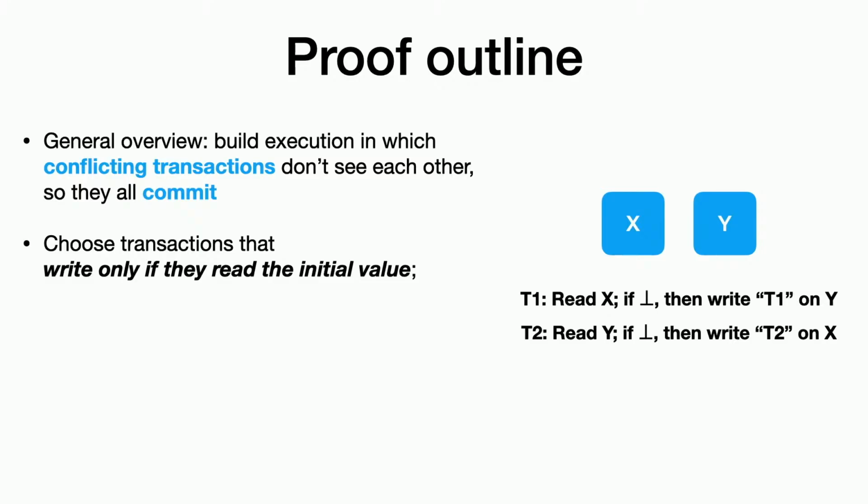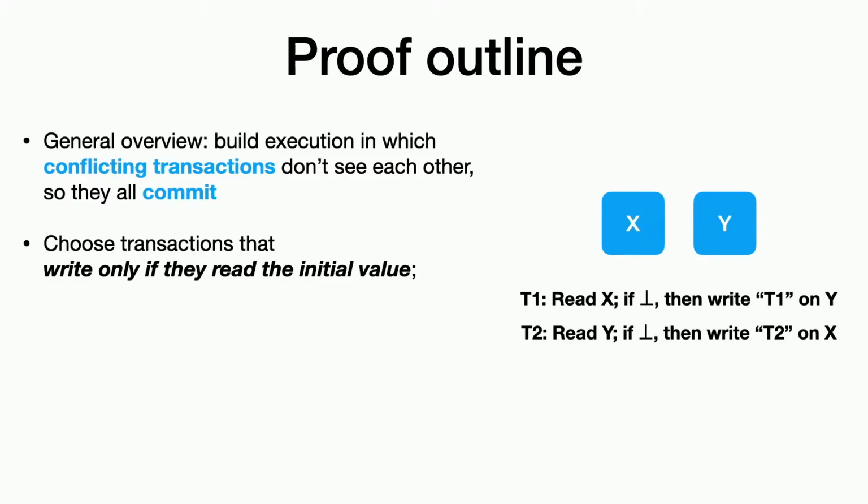Transaction number 1 says I'll read X. If I see the initial value, then I'll write something on Y. And the other transaction does the opposite. It reads Y, and if it sees the initial value, then it'll write something on X. So they can't both be allowed to commit.